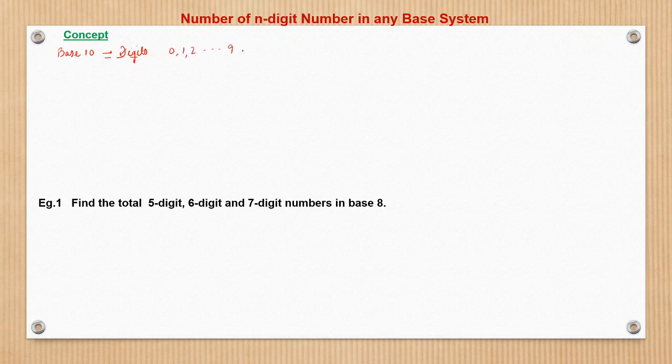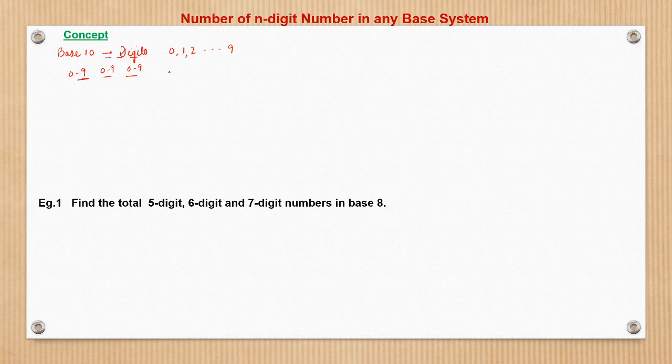So in total we have 10 symbols or 10 digits. So the total number of three-digit numbers will be how many? Let this be the hundreds place digit. This can take 0 to 9. Here also it can take 0 to 9, and here also 0 to 9.